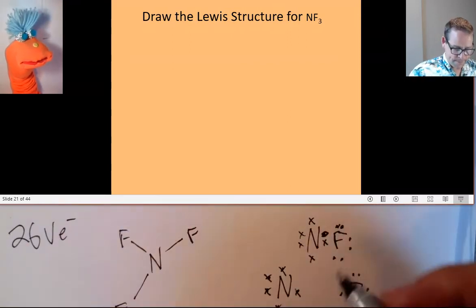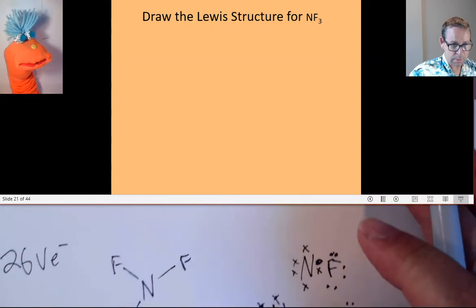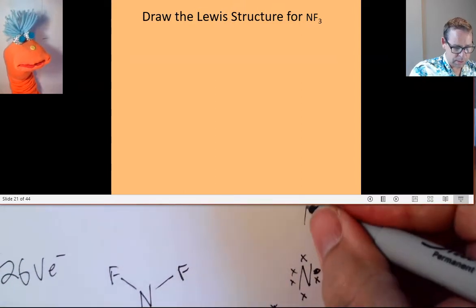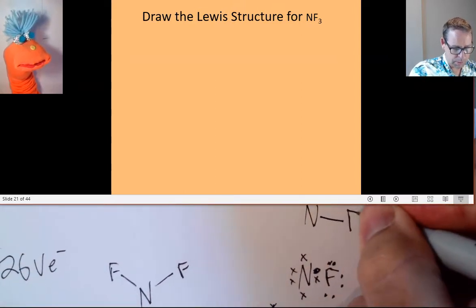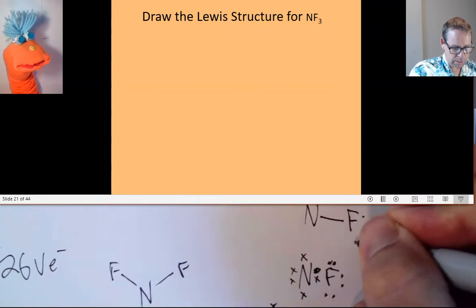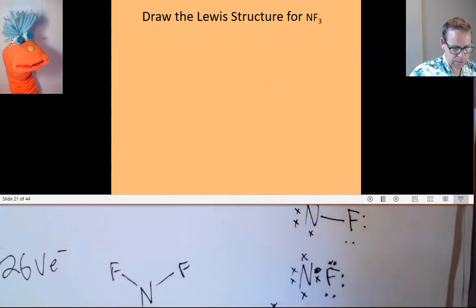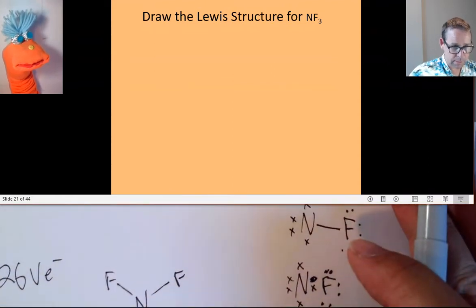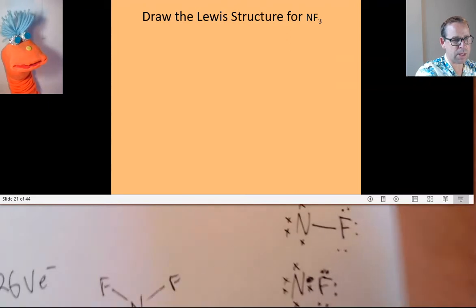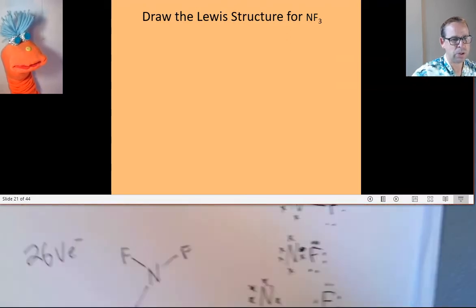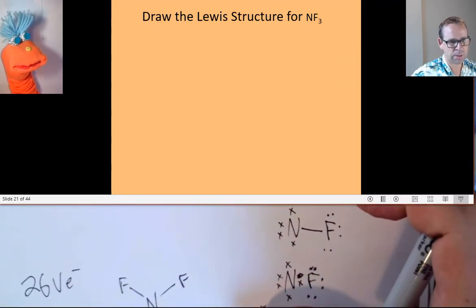Okay. We can redraw this as well to be an actual bond between the nitrogen and the fluorine, and then we can fill in the electrons like so. So now that bond actually represents 2 electrons.